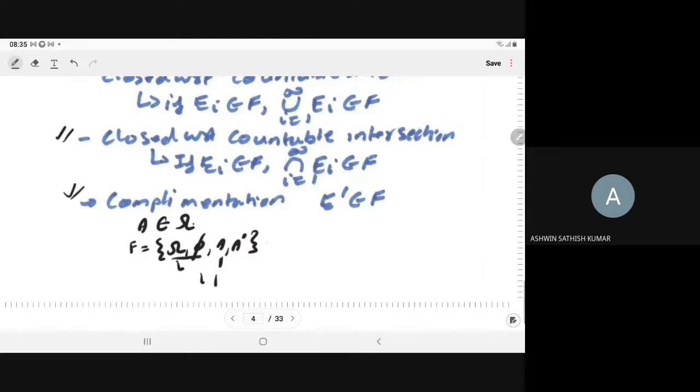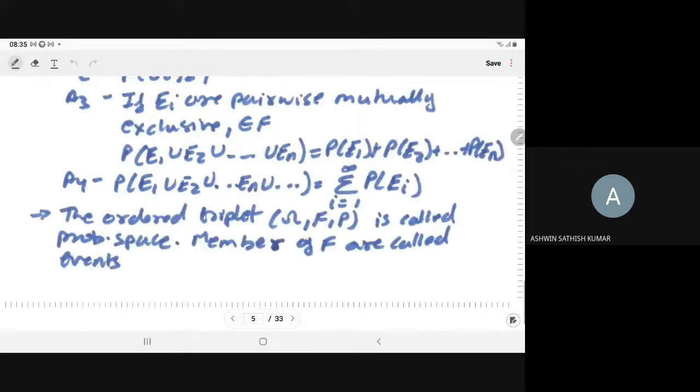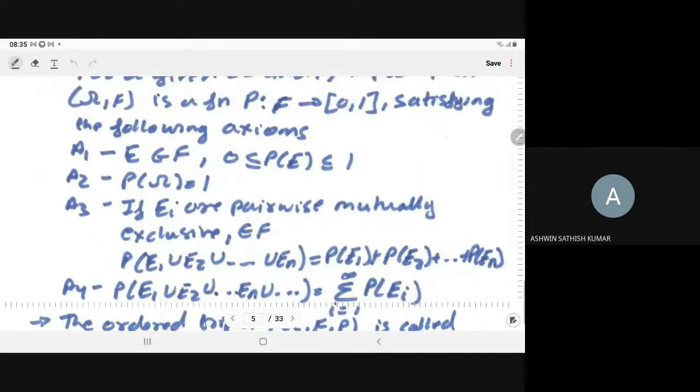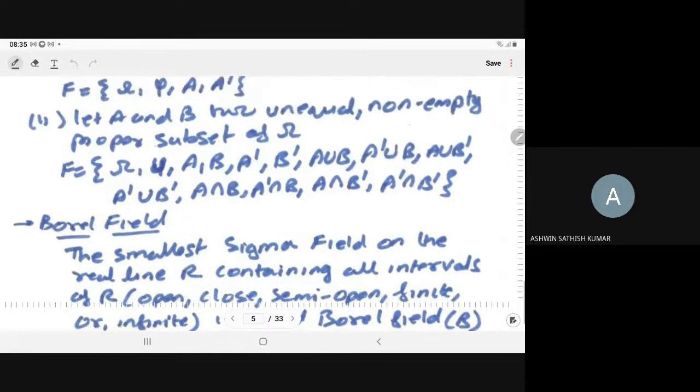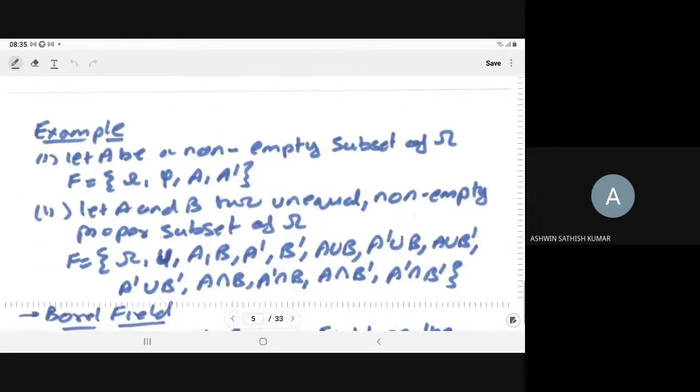So we can say this is the smallest sigma field for the event A of the sample space omega. Here it is written: let A be a non-empty subset of omega, then the sigma field corresponding to this will be omega, phi, A and A dash.